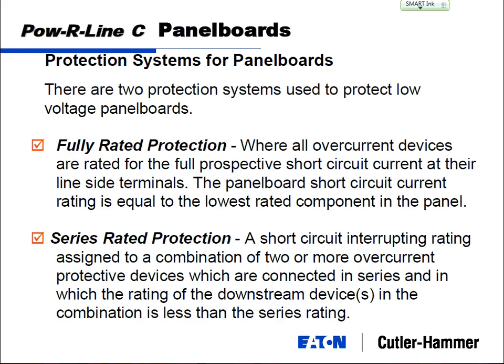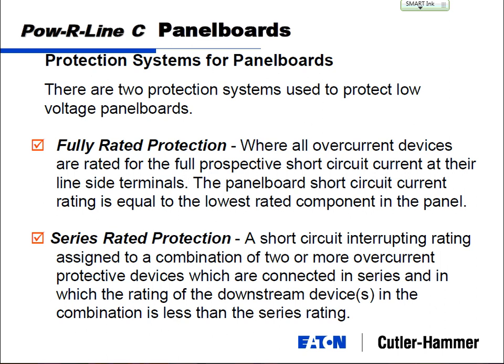Fully rated protection is when all the devices meet the available fault current at that panel board. Series rating is a value engineering option that UL allows. That is when the short circuit interrupting rating is assigned to a combination of two or more devices connected in series.